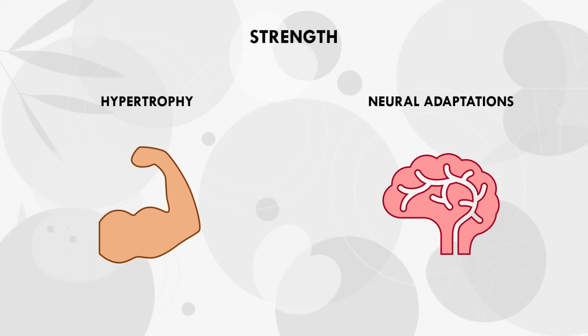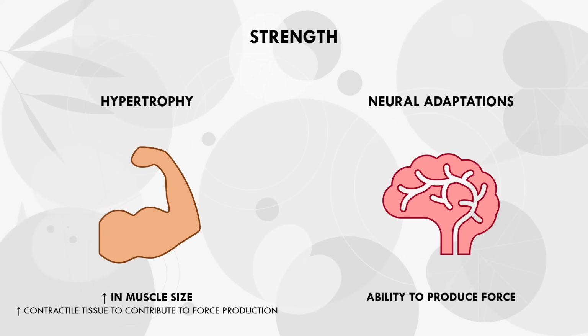Hypertrophy, like we have discussed, refers to an increase in muscle size. Increasing the size of the prime movers of a lift can contribute to strength gains by providing more total muscle mass to produce force. A bigger muscle means that there is more total contractile tissue to contribute to muscle contraction and force production. Neural adaptations, on the other hand, refers to how much force can be produced with the given muscle mass we have. We can learn to produce more force without changing how much muscle mass we have.